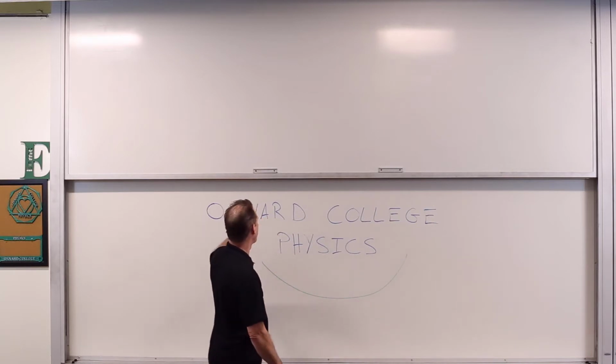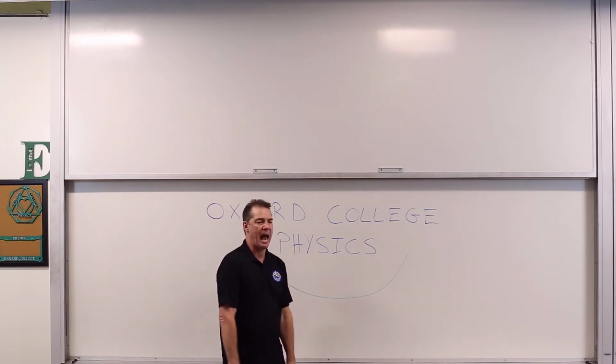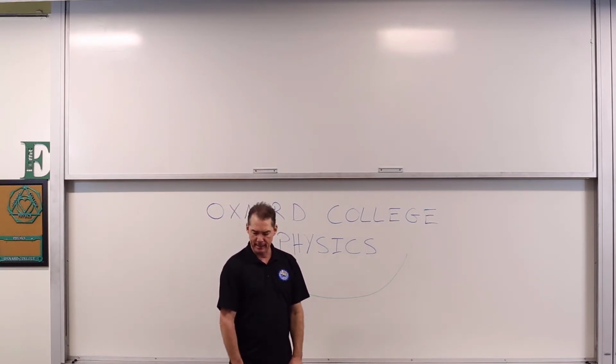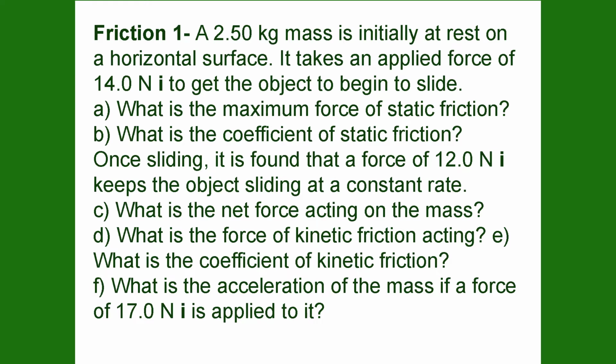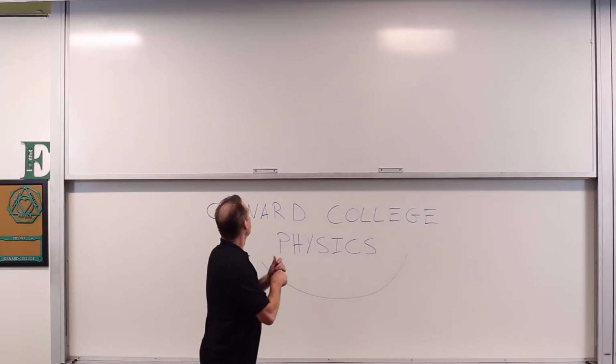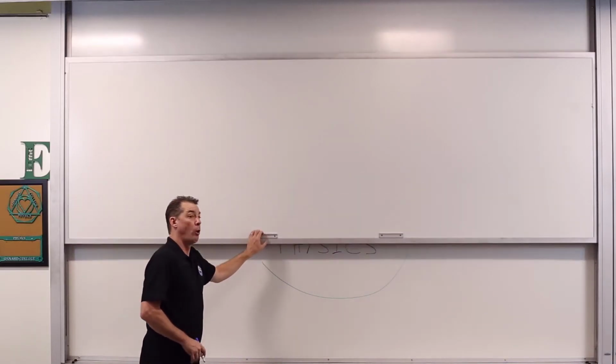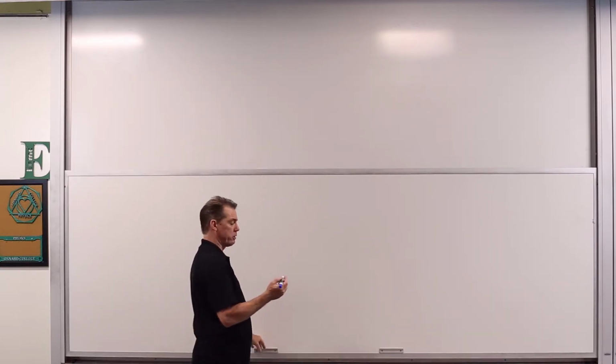So it's a pretty elementary problem involving some friction acting on some mass. And let's just get to it, shall we? So here is the problem. All right, so we're going to take ourselves a 2.5 kilogram mass, put it on a horizontal surface.